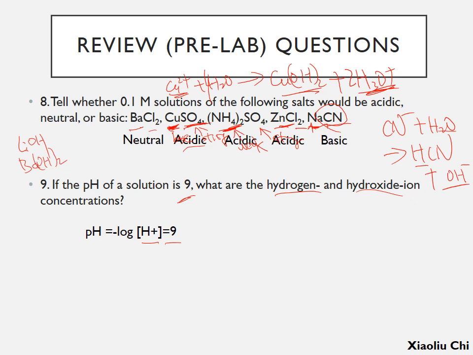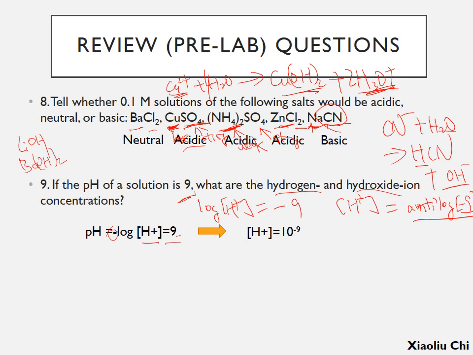One way to do it, you move the negative sign to the right side, so you have log hydrogen ion equals -9, and then the hydrogen ion concentration should be the antilog of -9. Okay, so that will give you 10 to the -9 power.